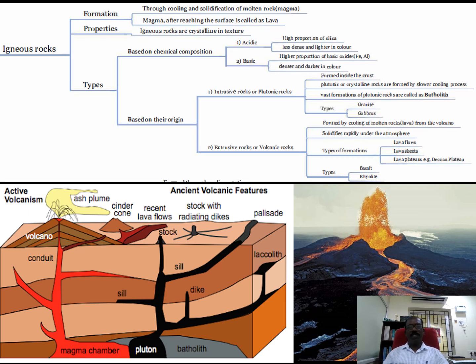When they form over a vast area, very big in size within the earth's crust, they are called batholith. In this picture you can see the laccolith and the batholith. When the rocks form near the surface of the earth, smaller in size than the batholith, they are called laccolith.